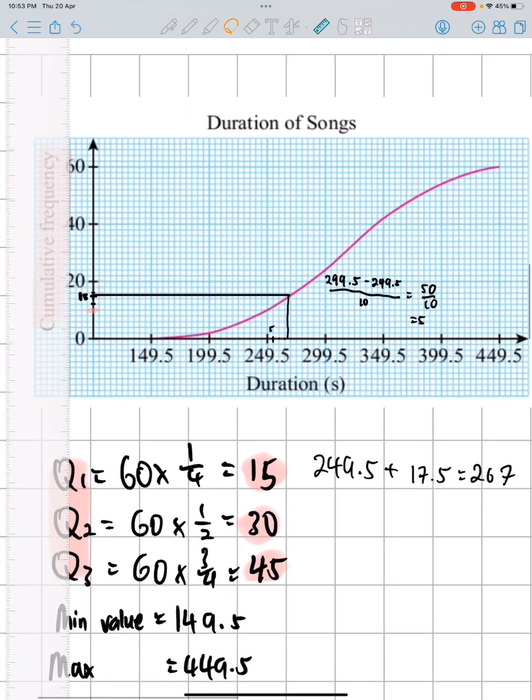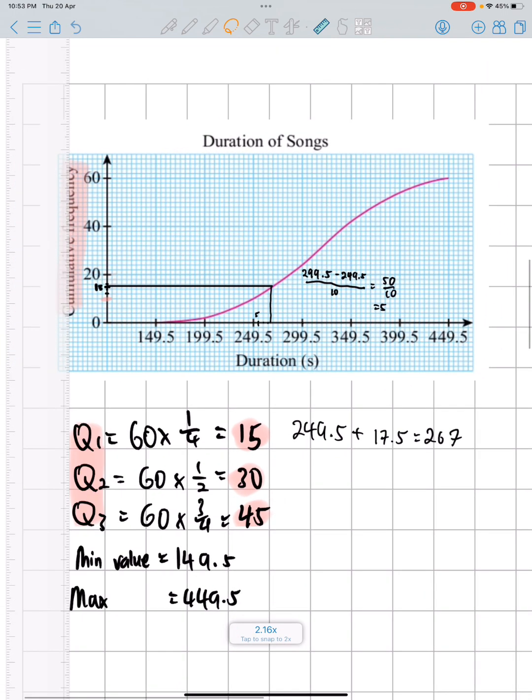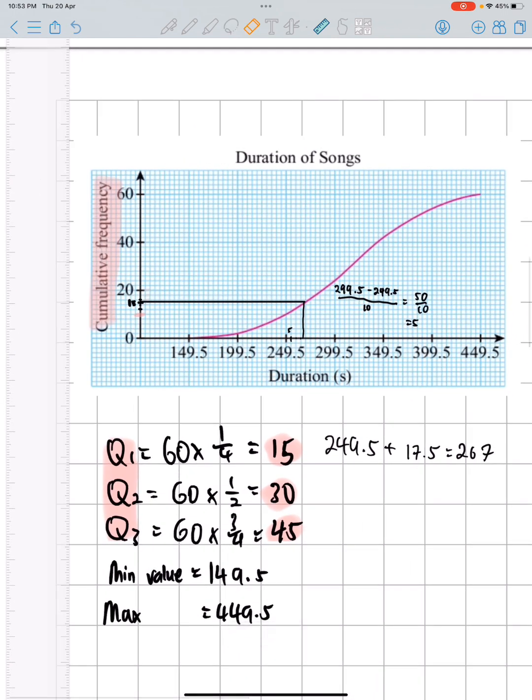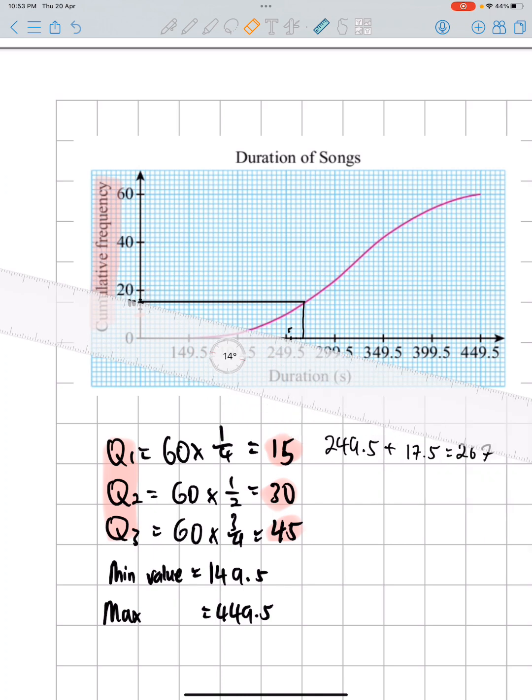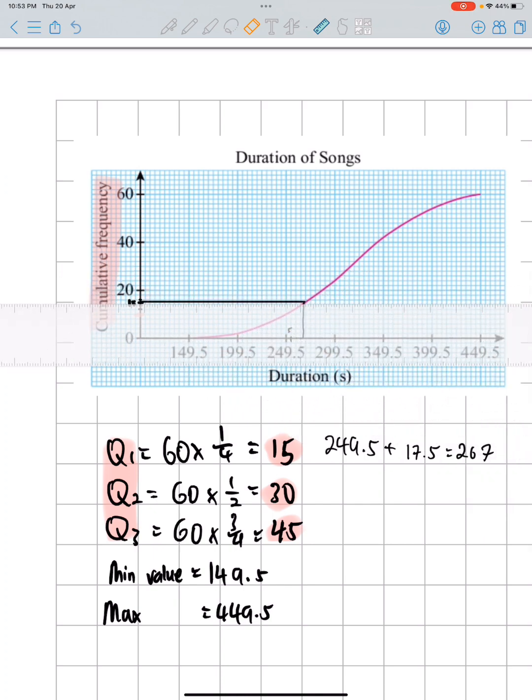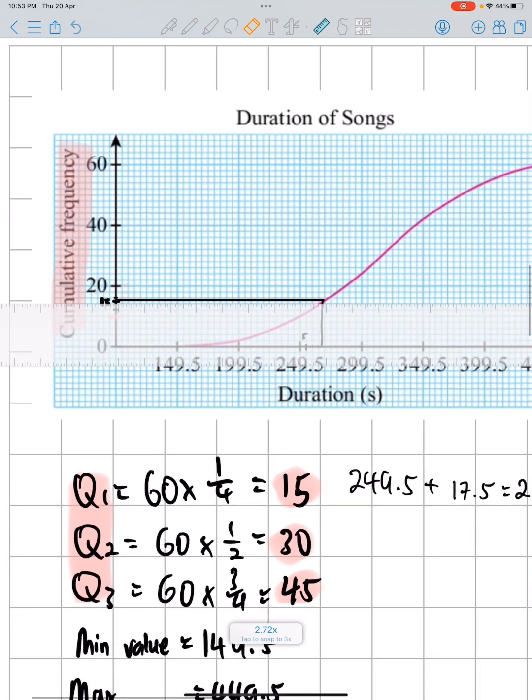Now we are going to find the number for 30, the quartile 2. 22, 24, 26, 28, 30.